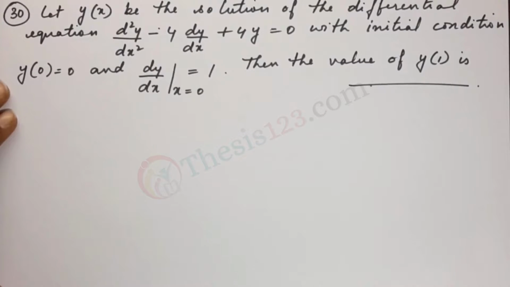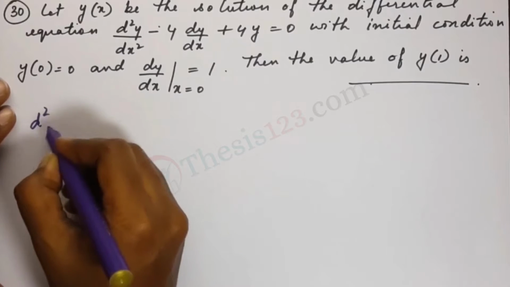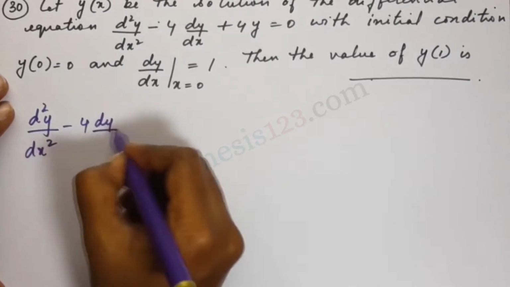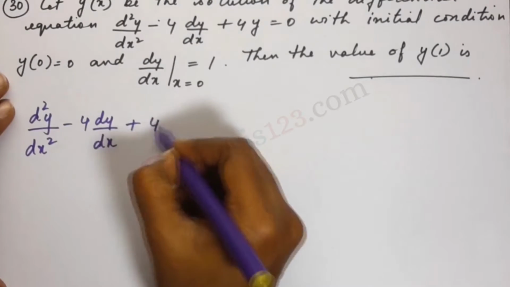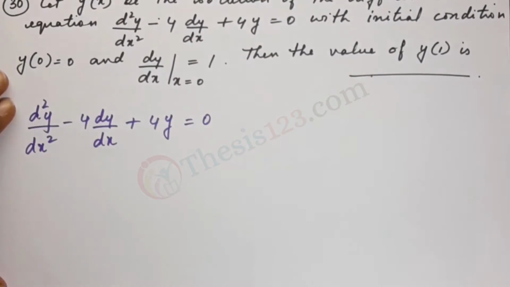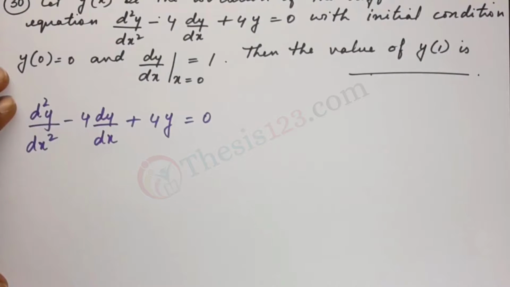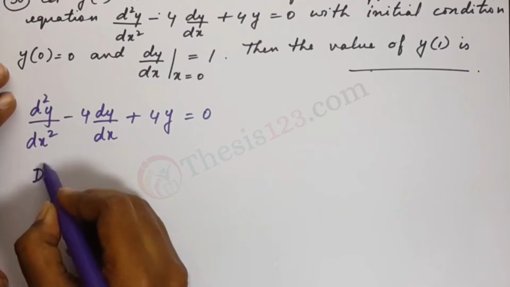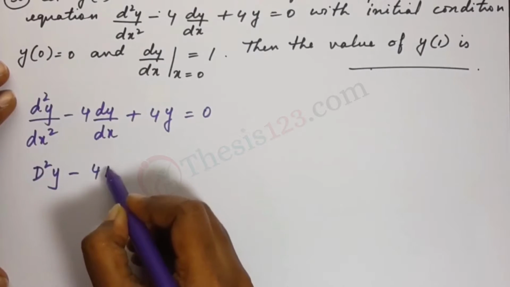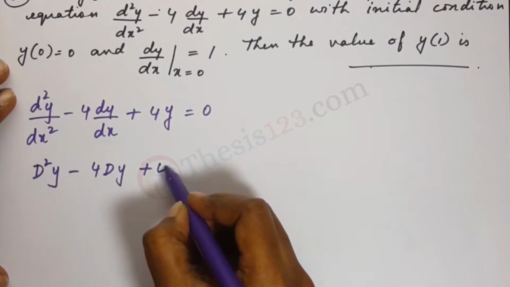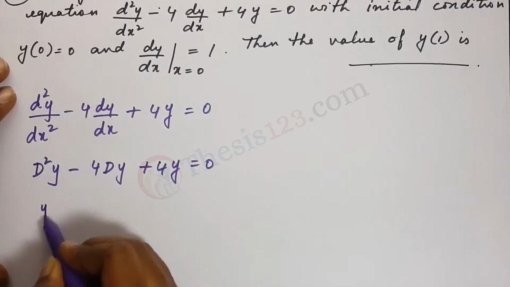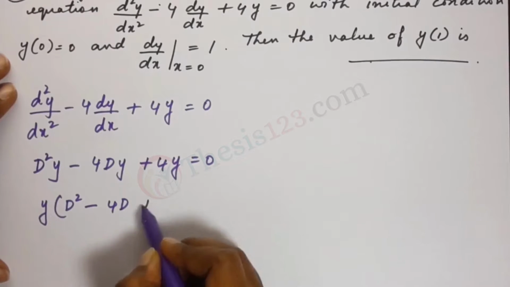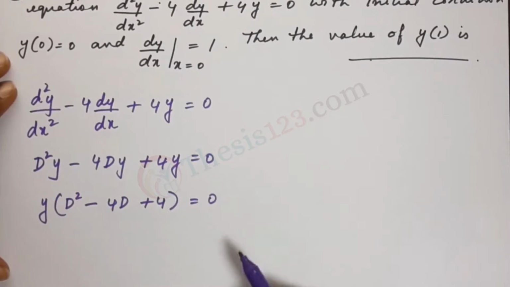So let's start with the differential equation given to us. D square y by dx square minus 4 dy by dx plus 4y is equal to 0. So let's write this in terms of the auxiliary equation. So we will have D square y minus 4 Dy plus 4y is equal to 0, and the auxiliary equation becomes D square minus 4D plus 4 is equal to 0.